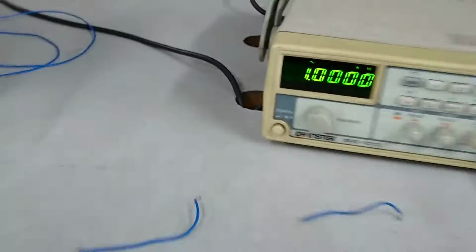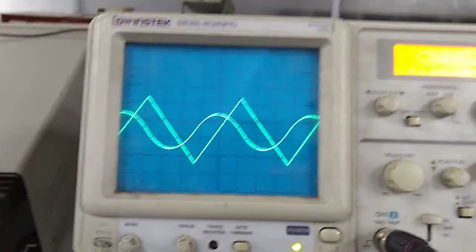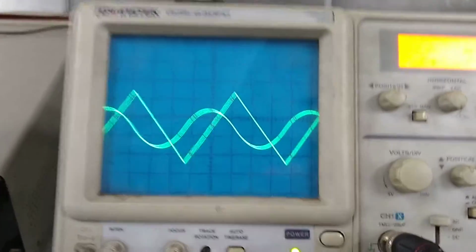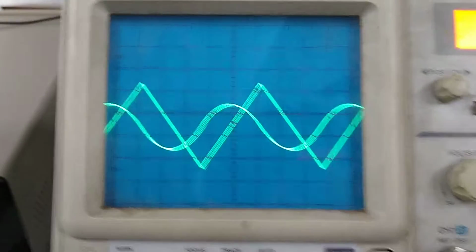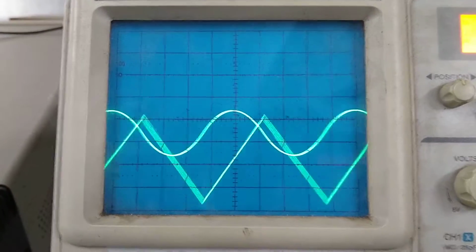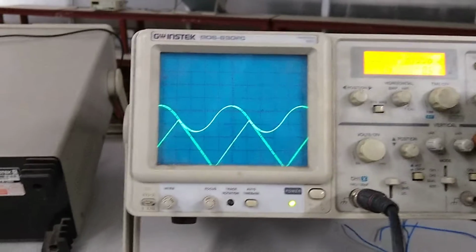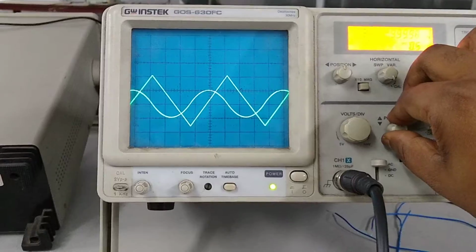And again, if we change it to triangular input, see, this is a pattern of a sinusoidal wave. This is not like an exact sinusoidal wave but a type of sinusoidal wave, and this is the input. This triangular signal is the input signal and this is the output signal.